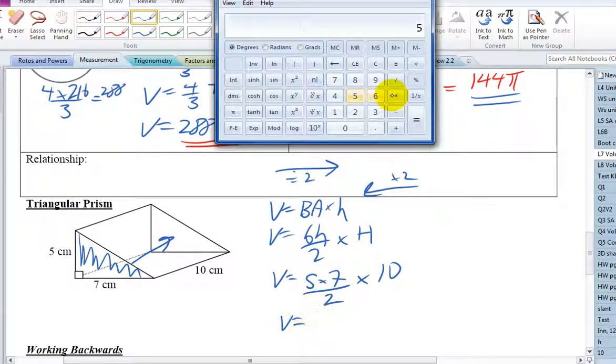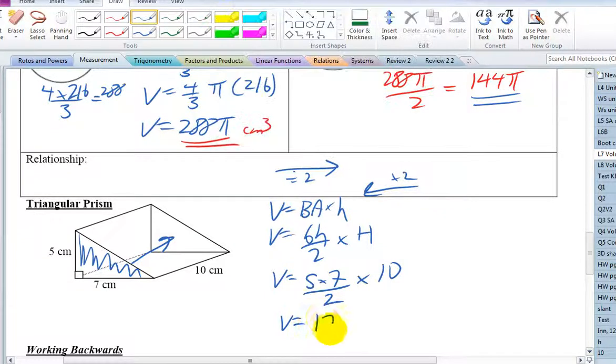So 5 times 7 divided by 2 equals that, times 10 equals 175 centimeters cubed. Okay, so for the triangle, watch out. Remember, it's a triangular prism, so it's going to be a triangular area.